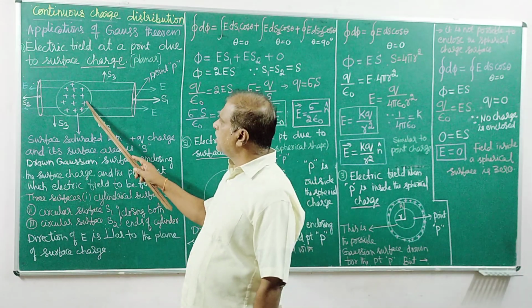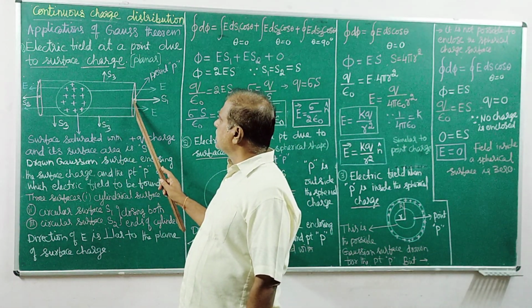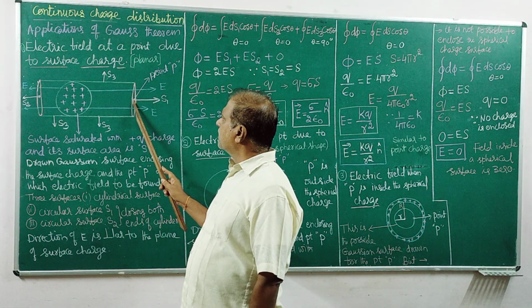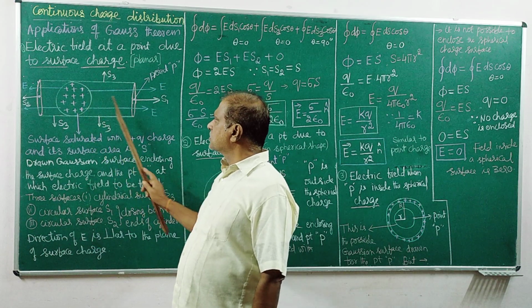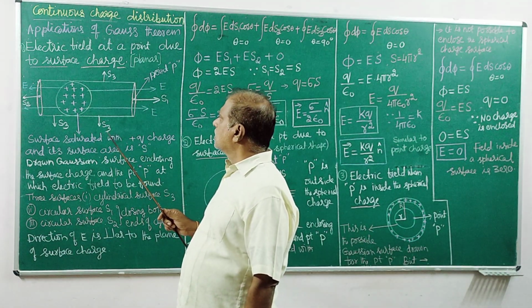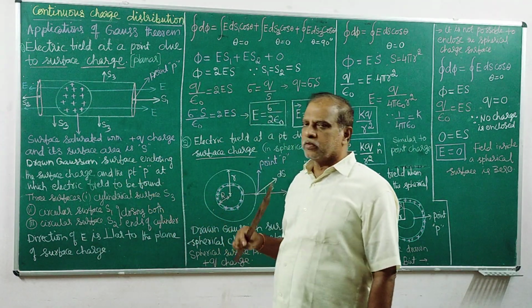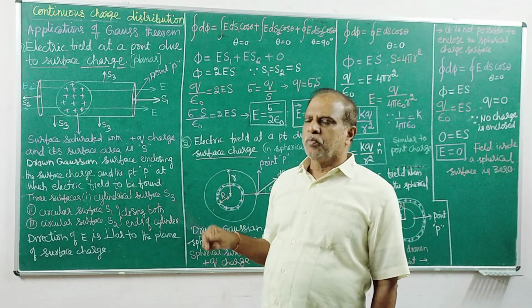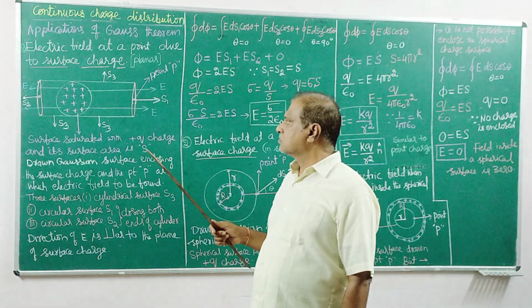This plane is kept here and the point is here where we need to find out the electric field by these surface charges. What is the idea using the Gauss theorem? You have to think about what would be the possible geometry of the Gaussian surface.